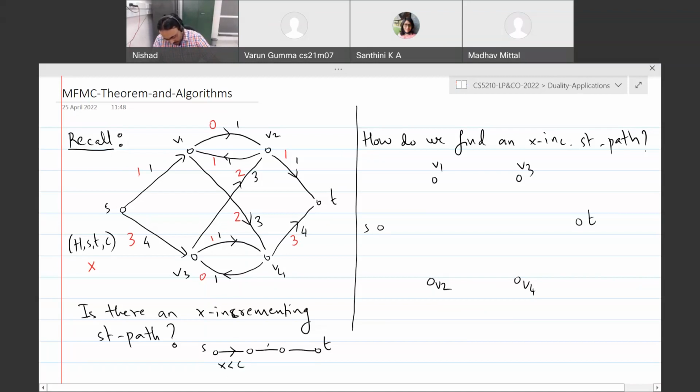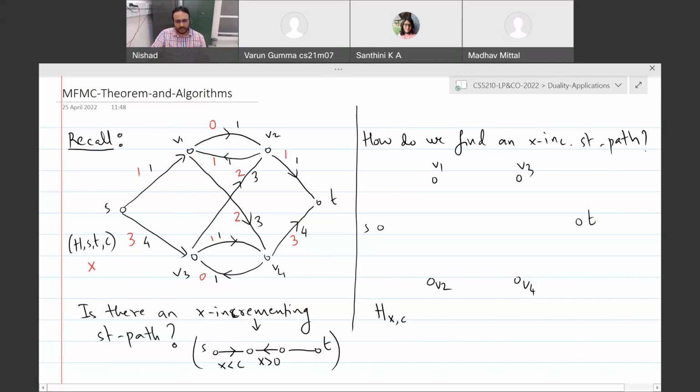And whenever you see a reverse arc, the X value should be greater than 0. So we want to find such paths, but we want them to look like simple ST dipaths, directed paths from S to T in our auxiliary digraph. We will construct it using X and the capacity C. I'll use this notation for the auxiliary digraph.